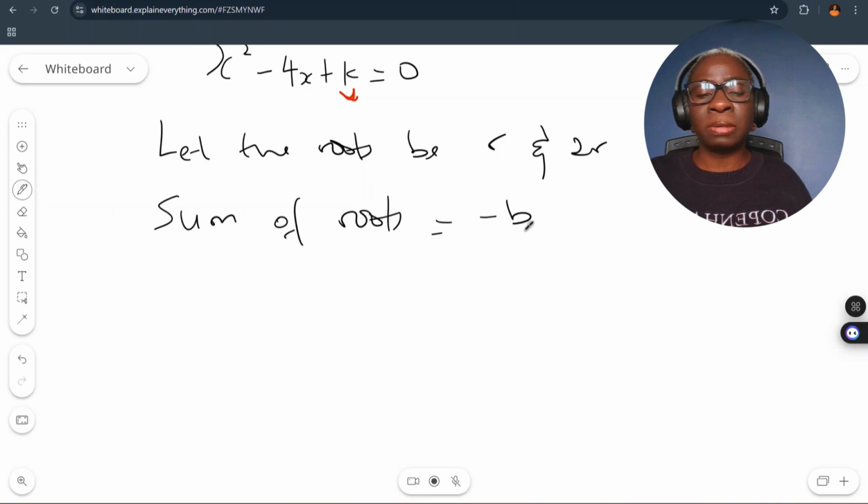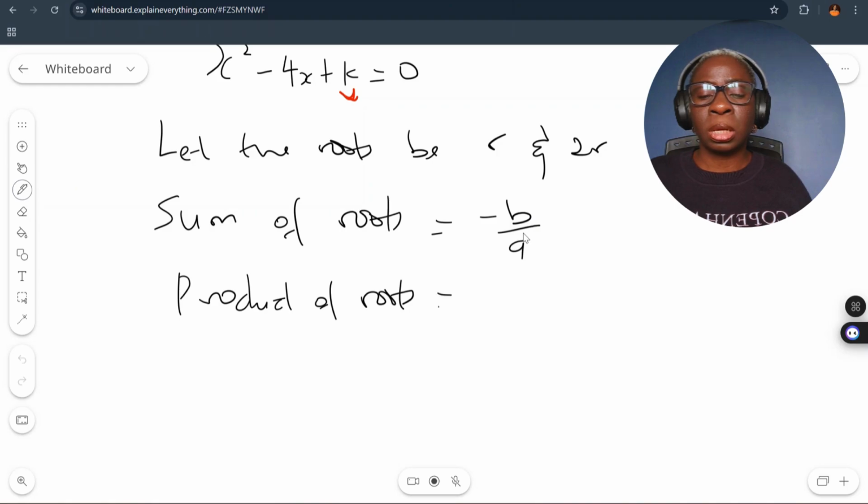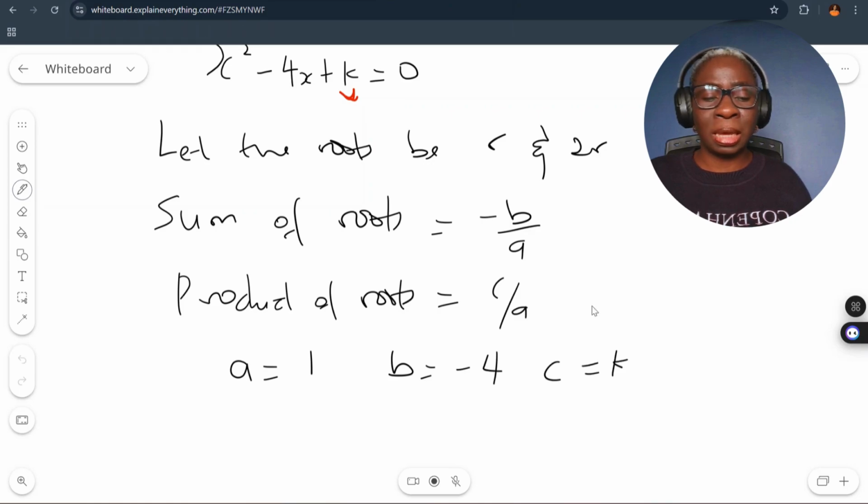So what is a? From the equation, a is 1, b is -4, and c is k.